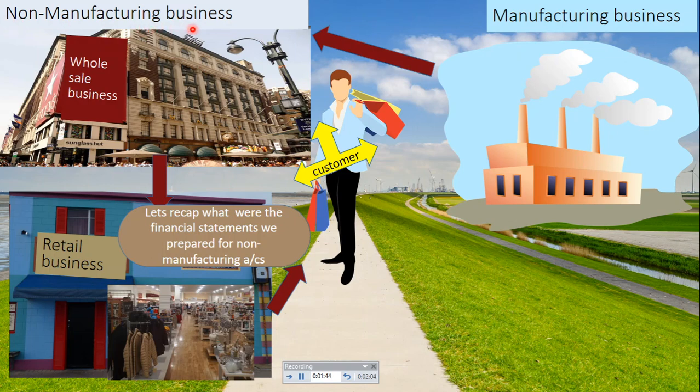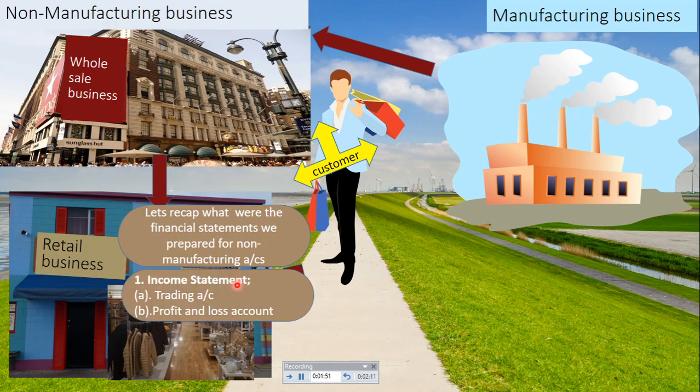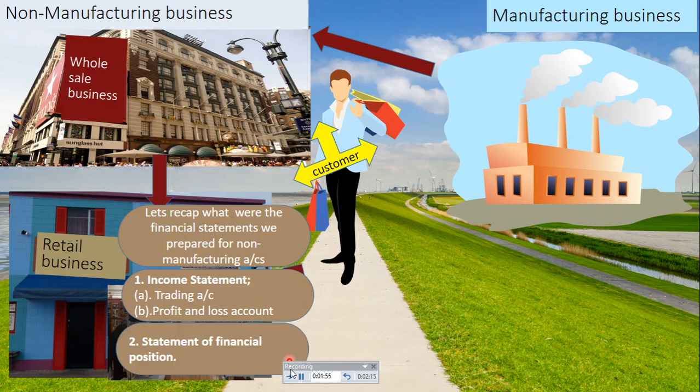Non-manufacturing business, they don't manufacture any products. That's the basic difference. In our AS level, we studied how to make the income statement, which is comprised of trading account and the profit and loss account, and then there was the statement of financial position. So these are related to your non-manufacturing business, or you can simply say trading business. This business does not produce any goods; they buy and sell it.